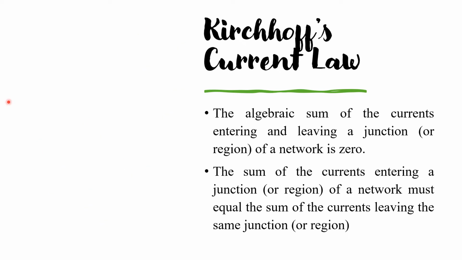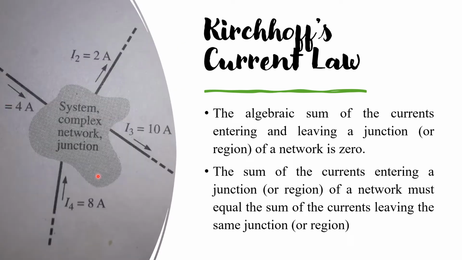If we apply the Kirchhoff current law to this network, let us take this as a simple system or junction. The current entering the node is 4 ampere, the current entering this node is 8 ampere, and the current leaving from this node is 2 ampere, and leaving from this node is 10 ampere.